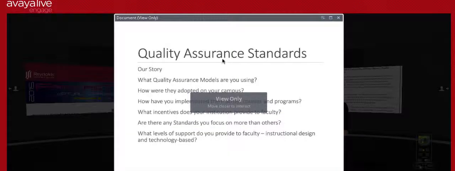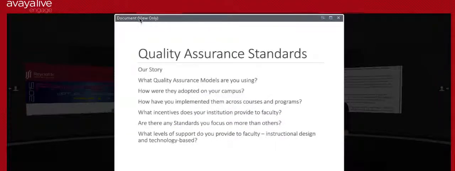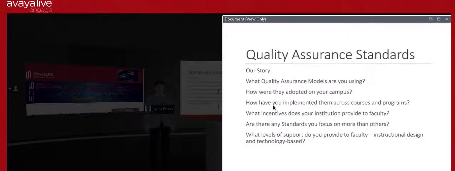One thing that they knew was that the standards were good, but they didn't necessarily quite apply to everything that the university wanted to accomplish. Is everybody familiar with the Quality Matters standards? Great. They're great national standards, and I'm glad that we have some guiding framework as we move forward.